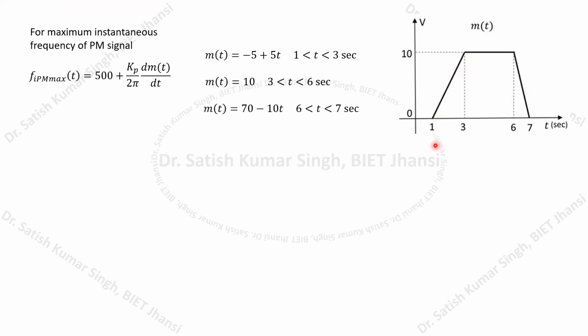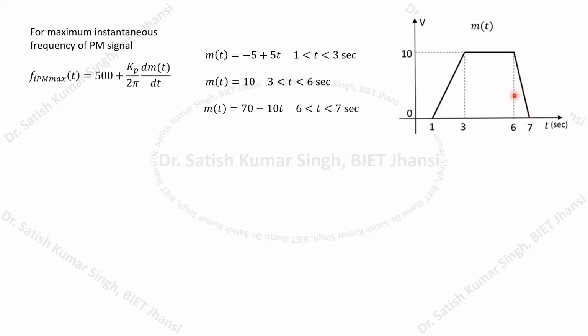If you differentiate any ramp function, you are going to get a constant value, so that constant will have a magnitude equal to 5. For any constant section, you will get a derivative equal to 0. And for a decreasing ramp function, again you get a constant value, which will be negative, because it has a negative slope.